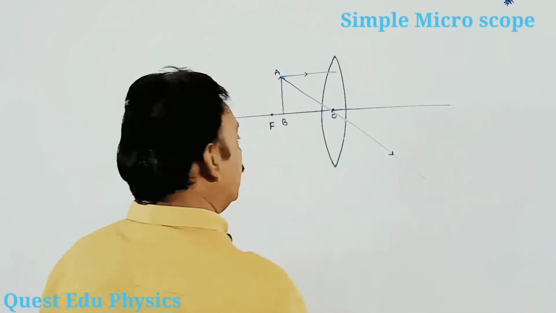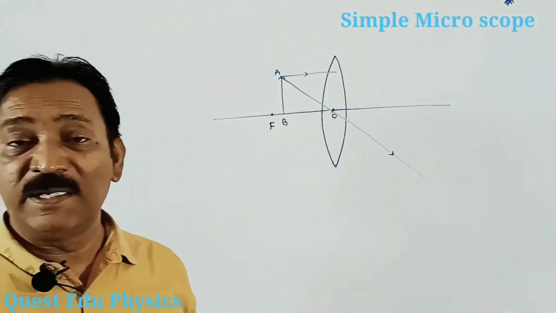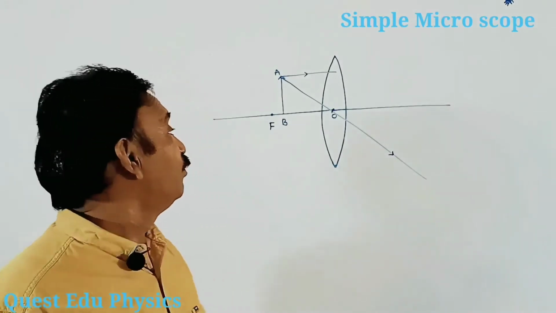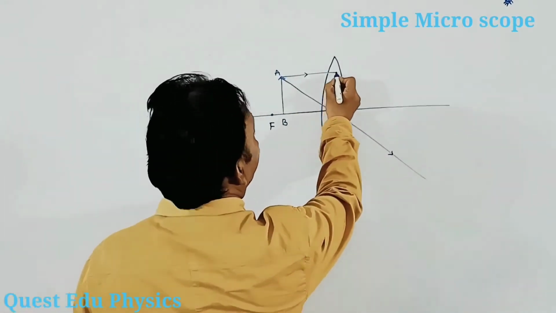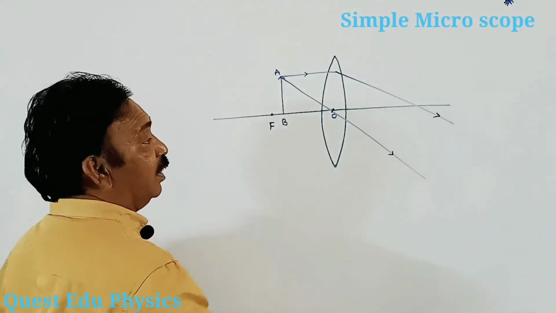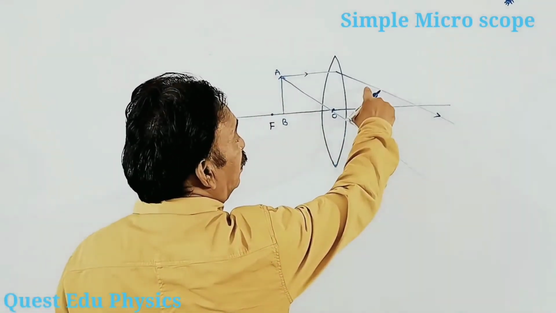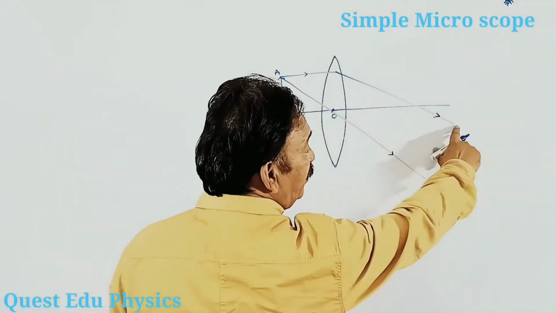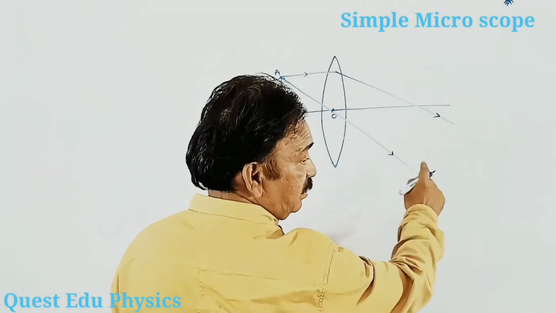This ray which passes through the optic center doesn't get deviated. Then the other gets refracted and it passes. If you observe, the gap keeps increasing all the time between these two rays.